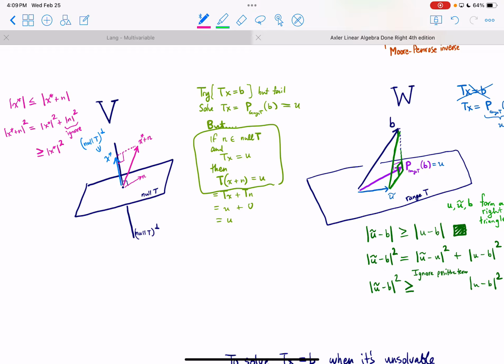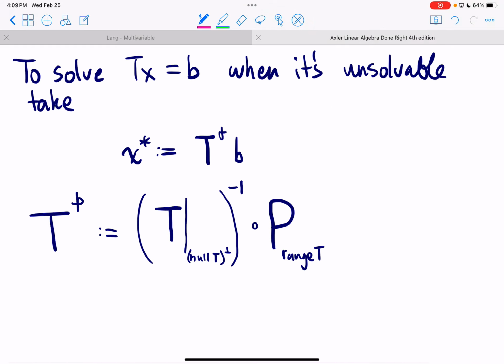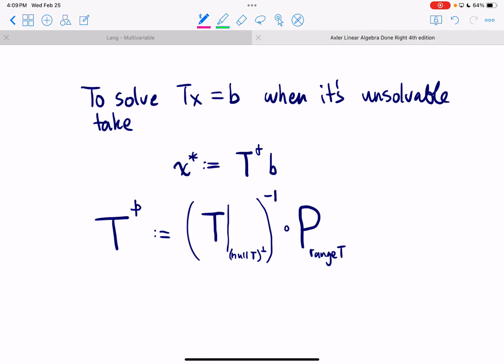The pseudo-inverse solves both problems, and that is why there are two maps in its definition. Orthogonally projecting onto the range makes our data reachable.